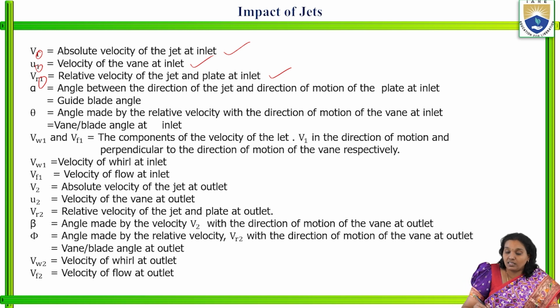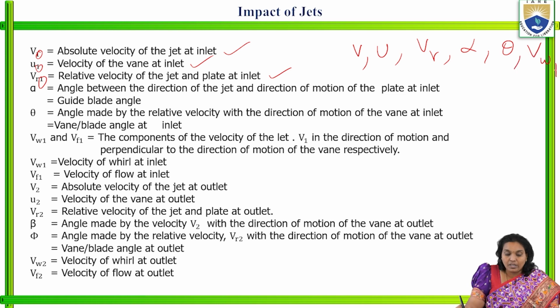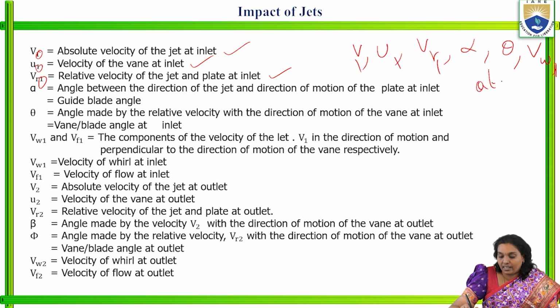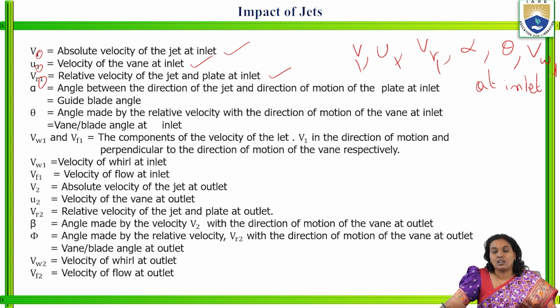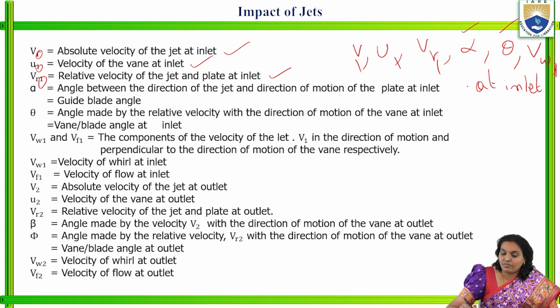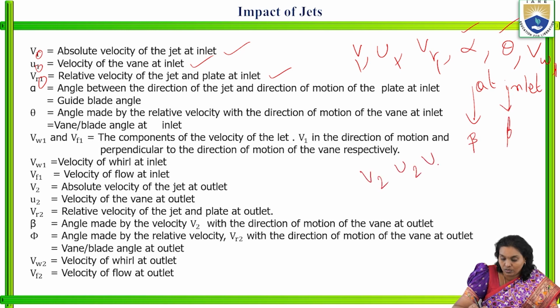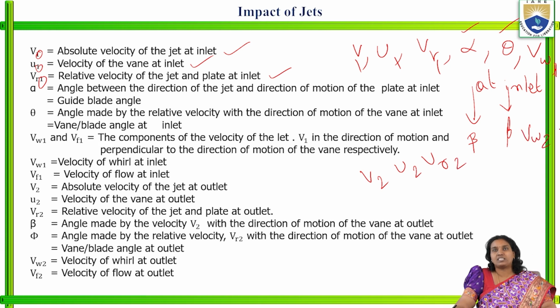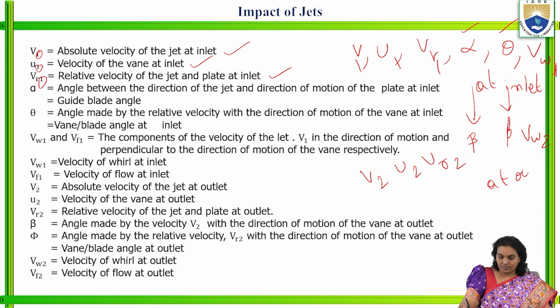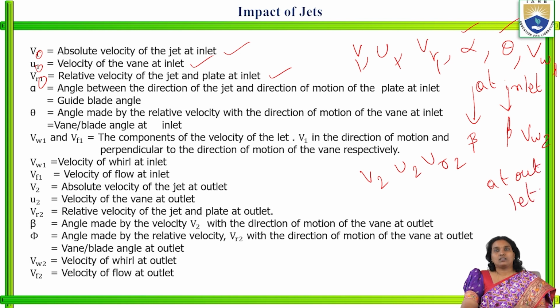These are the various components which we are understanding, with the 1 notation at inlet. Coming to alpha and theta, at outlet we have beta and pi. The remaining are V2, U2, VR2, VW2. These are the components at outlet.